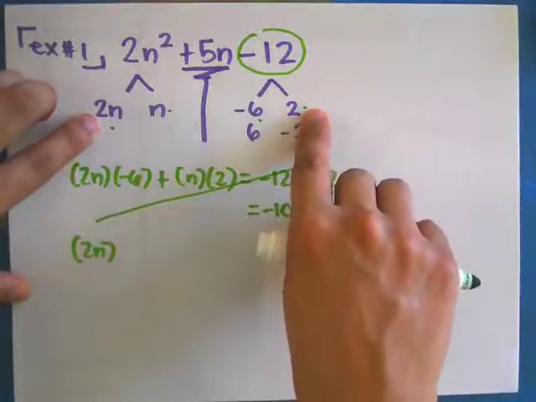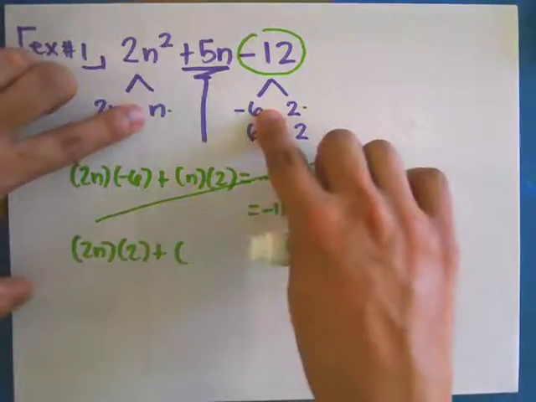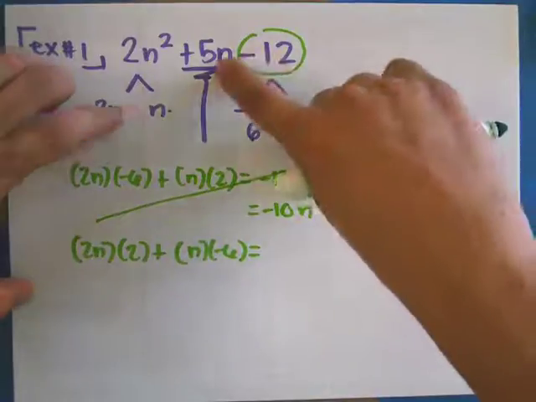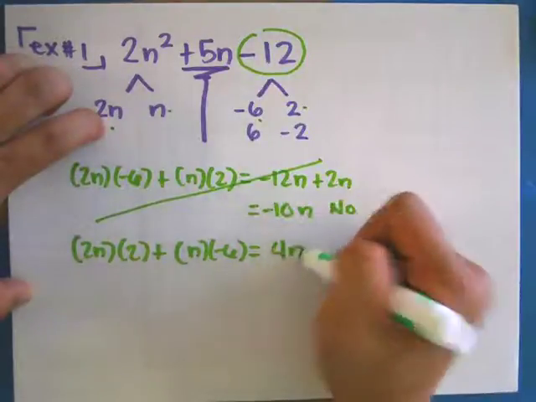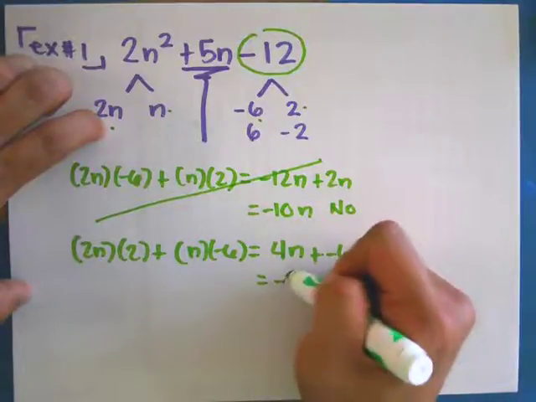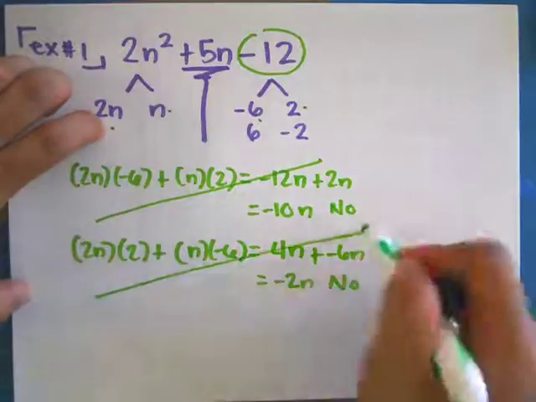So let's try 2n times 2 instead, plus n times negative 6. Let's see if it comes out to the positive 5n. This is 4n plus negative 6n, which gives us negative 2n, and no, that's not the 5n that we want. We're going to cross that one out.